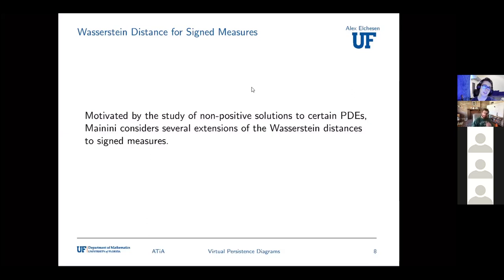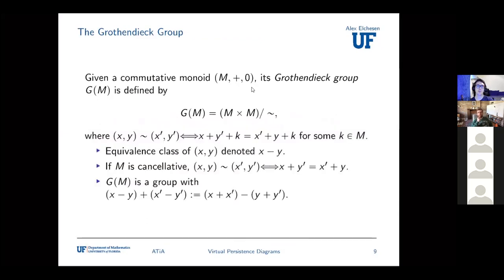He discusses different properties, and he says there's no canonical choice of metric or extension of the Wasserstein distances. Maybe in the context of PDEs that's true, but what I want to say is that there is a canonical choice, at least categorically speaking. The distance that we've defined is the canonical choice. Okay, so that's all my motivation.